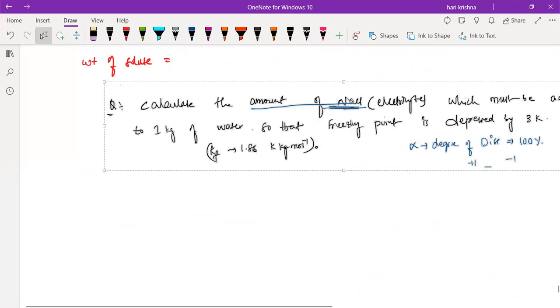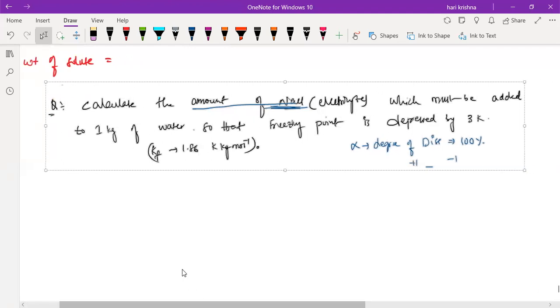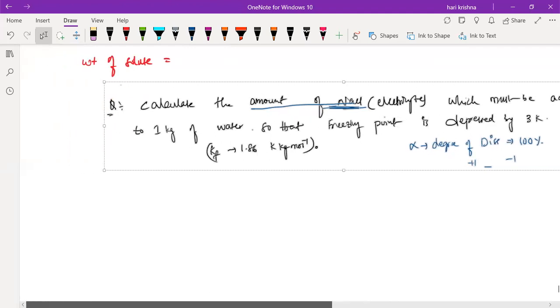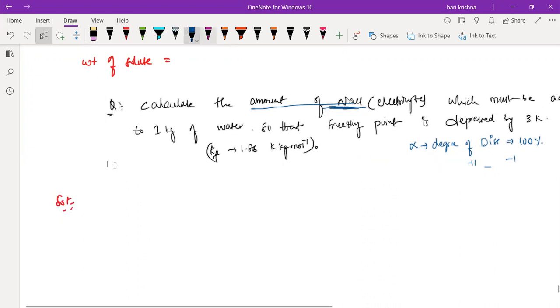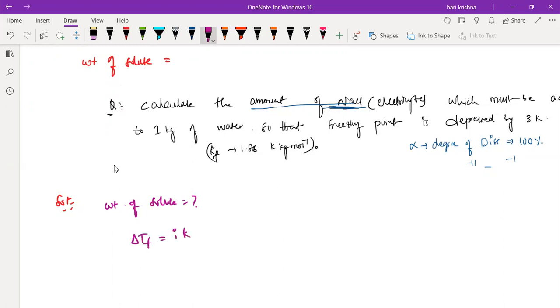Whenever they ask a problem like this, the amount of NaCl you have to calculate, that is the weight of the solid you have to calculate here. So the weight of the solid you have to find out. We know already we have to use only the delta Tf formula. Delta Tf equal to i Kf m. And the molality formula is what?